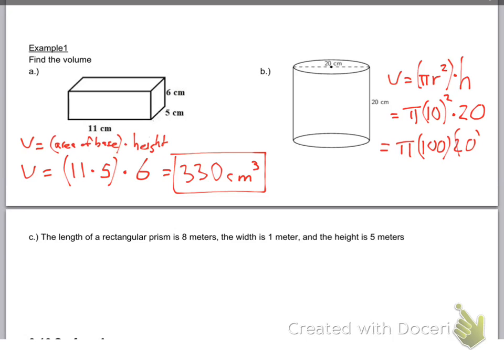And times that by the 20 is 2,000 pi. And again, the units are centimeters cubed. Now, if I wanted a decimal of this, I would just say, hey, place this on your calculator and use the pi button. What do we get when we put this on our calculator?